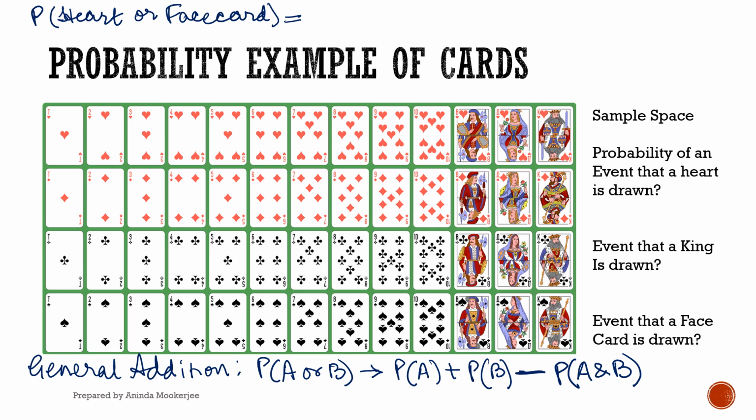All right, we have to subtract that. So we'll have to see for this particular example of heart or face card, if we have a situation where hearts and face cards could occur together at the same time. If that happens, then that means it's not a mutually exclusive situation. We have to subtract the probability of the intersection, the commonality of A and B.